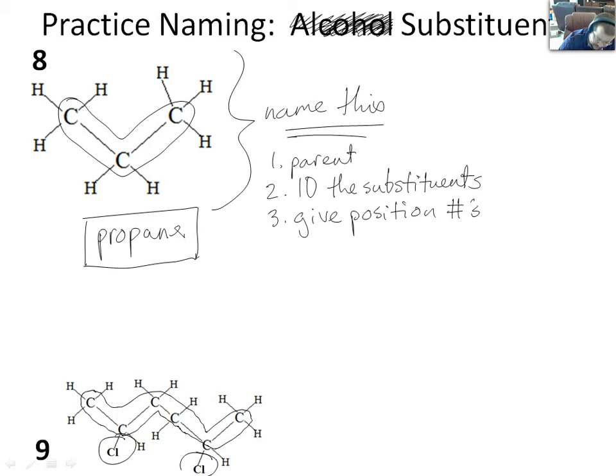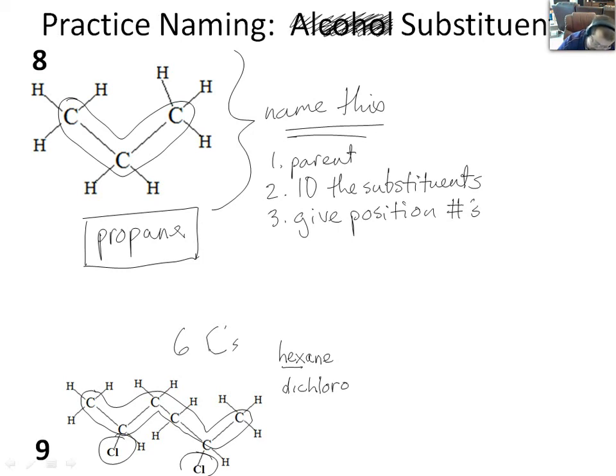I've got 1, 2, 3, 4, 5, 6 carbons in my chain. And because it's 6 carbons, we would call this hexane, because hex is the prefix for 6. And I've got 2 chloro groups, so I would say dichloro, because of the 2 chloro groups.